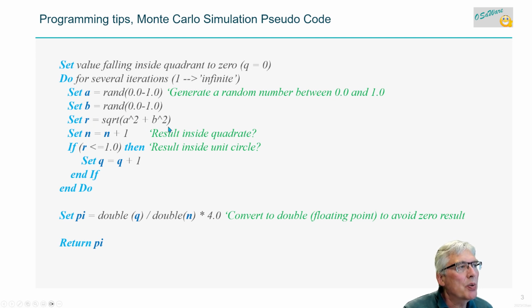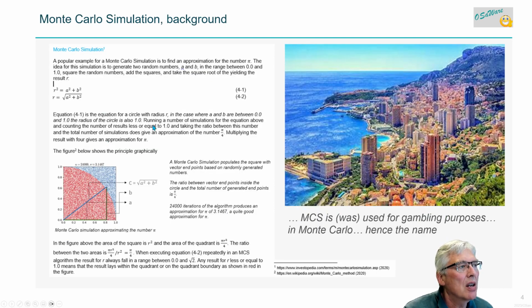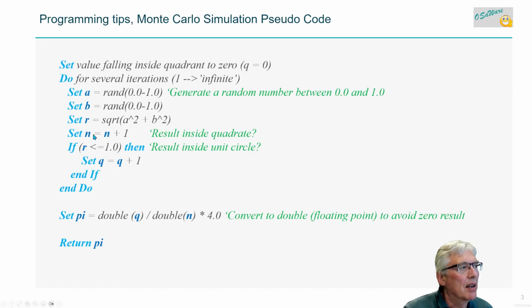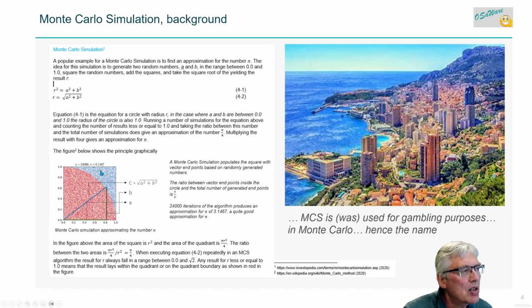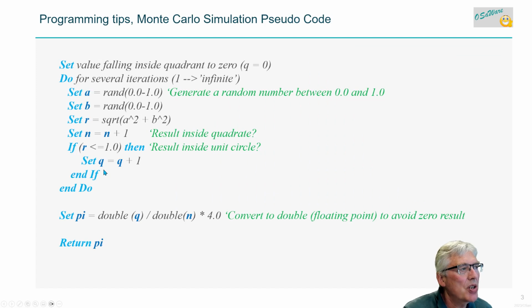Set r as the square root of the sum of the squares of these two numbers, and set inside the quadrant. Doing these calculations, the point is always inside this square here, and if the radius r that you are calculating here is less than 1.0, it's going to be in the red here. And then you increase the number of red, and end if, and then end do.